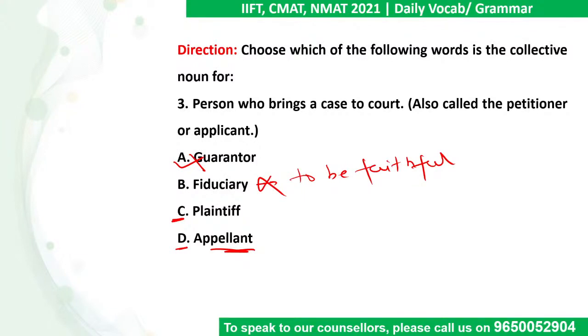Let me repeat that. So that is the difference between plaintiff and appellant. When someone comes to the court for the first time, he becomes a plaintiff, and when he goes to a second court, then he becomes an appellant. So C is the correct answer.